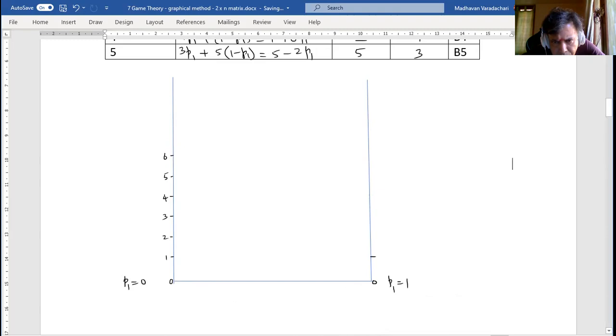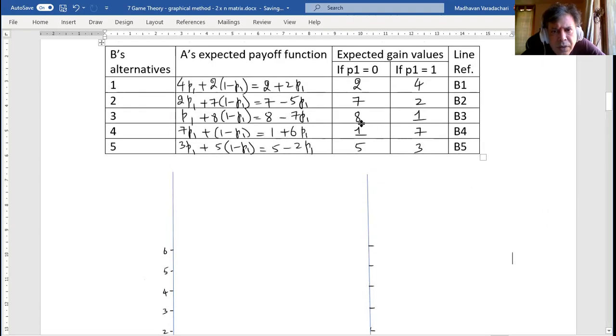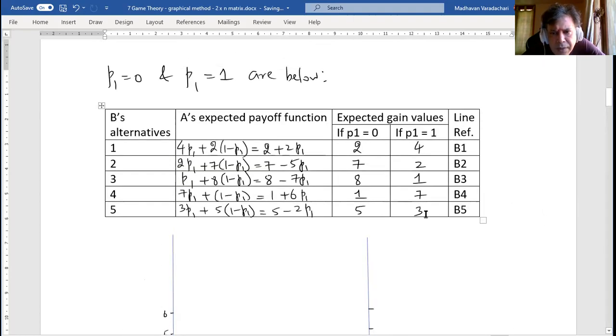This one 1, 2, 3, 4, 5, 6. How much does it go up to? For 0, it is up to 8. For this one, it is up to 7.